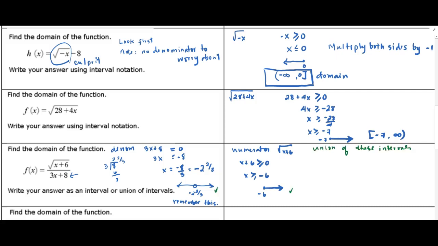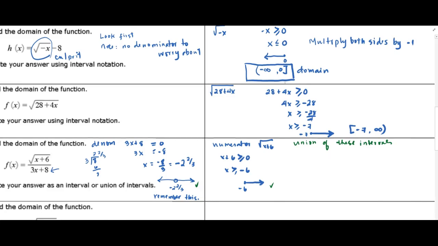Now we look at the union of these intervals, the one with a puncture at -2 2/3 and the one from -6 to infinity.